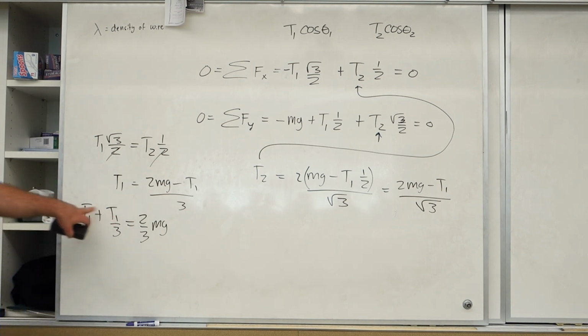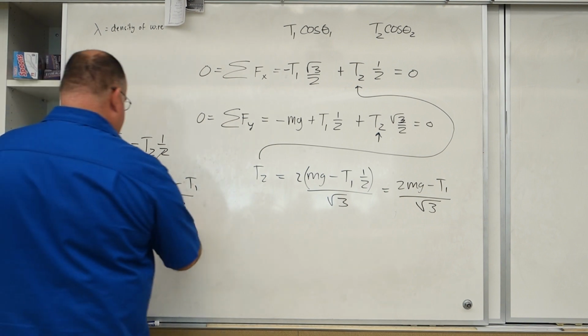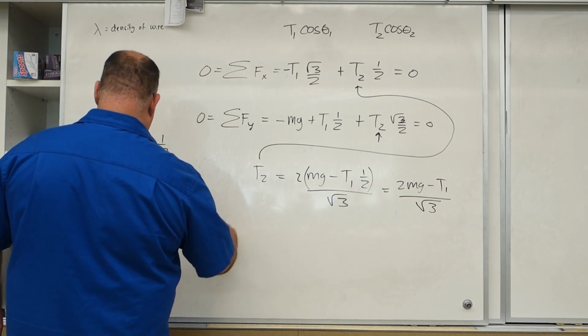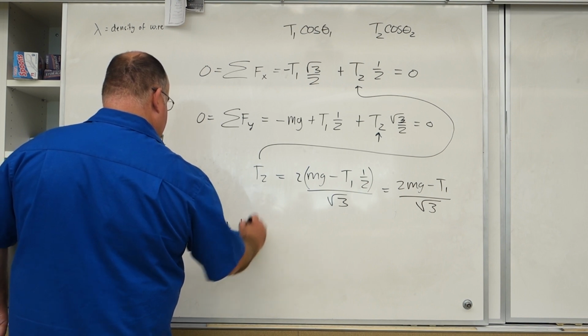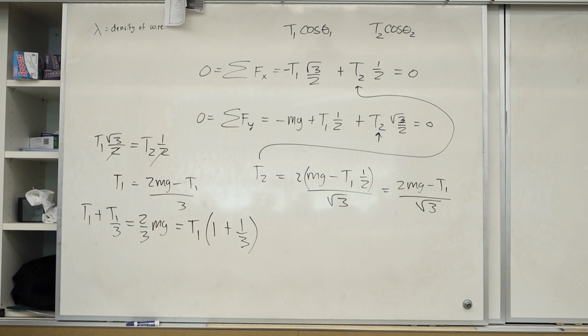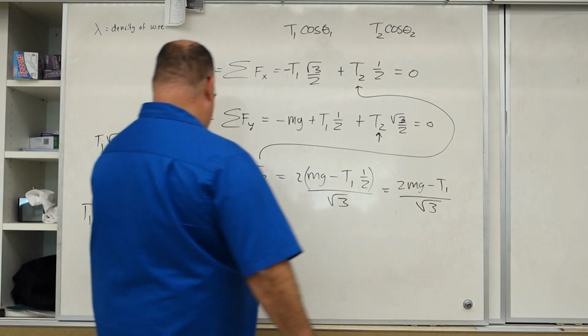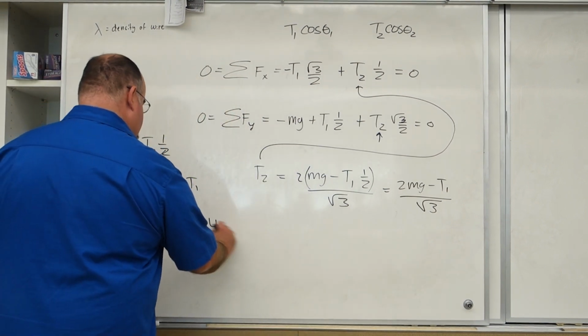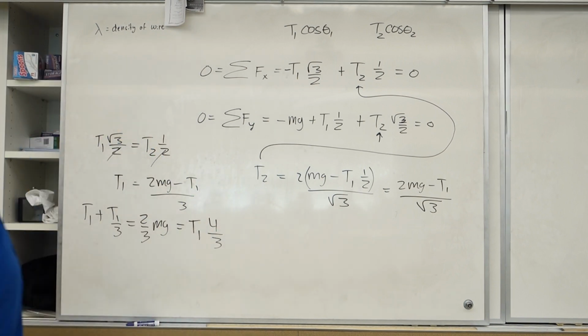Okay, so then you can factor out this T1, and that leaves T1 times 1 plus 1/3. That's just 4/3, right? 4/3. That's kind of nice.